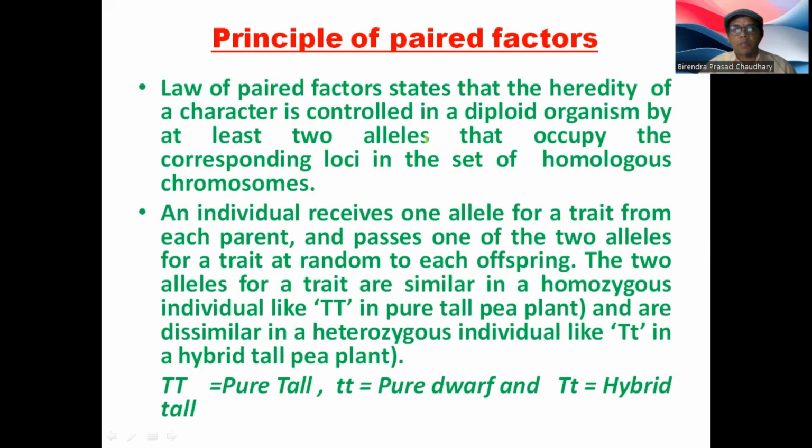Through this law, the principle of paired factor, he concluded that a pair of factors, or at least two alleles, should control a single character in a diploid organism, and that these alleles are present in the corresponding loci. Loci is the plural form of locus.